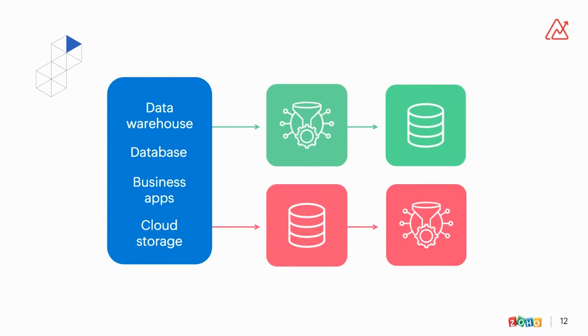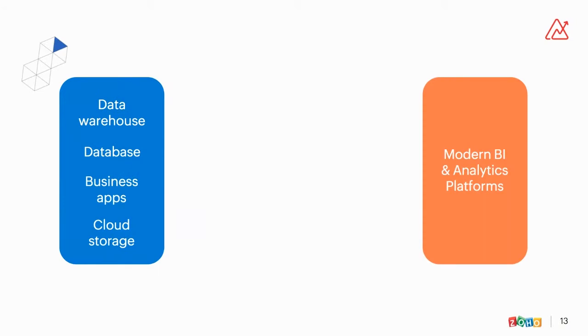All right, well, with this in place, what's happening today? Well, you continue to have your data sources, which are rapidly expanding. And today, the modern BI and analytics platforms have consumed the ETL and ELT layers into their tech stack. How does that work? Well, any advanced analytics platform can get your data through native connectors.